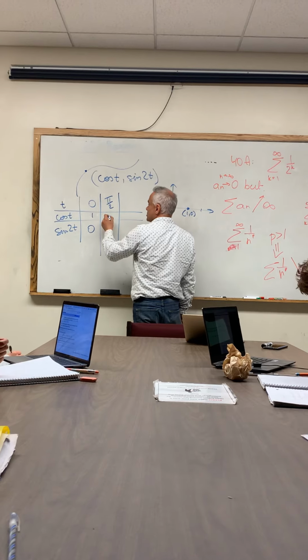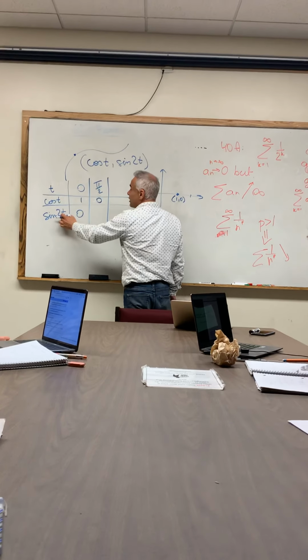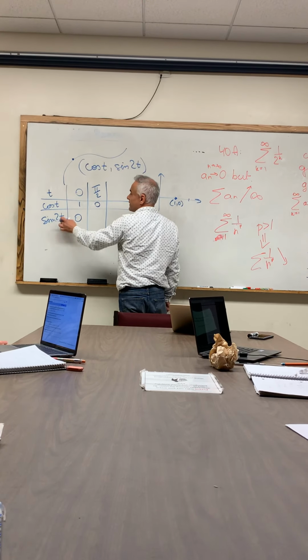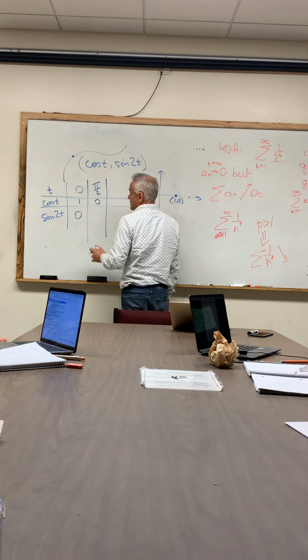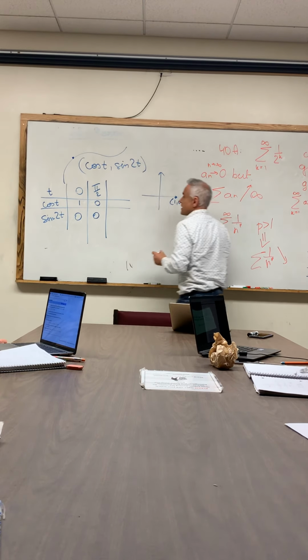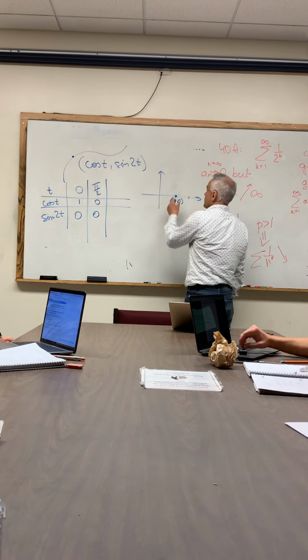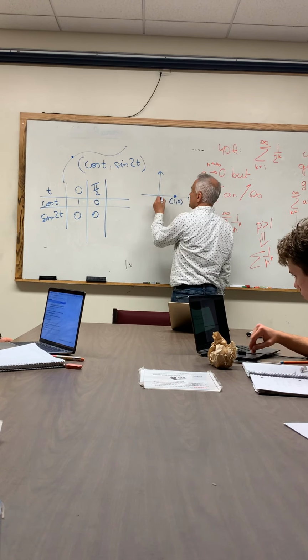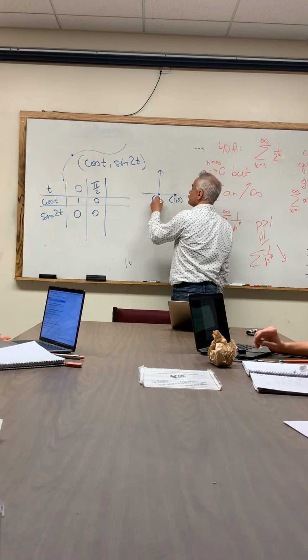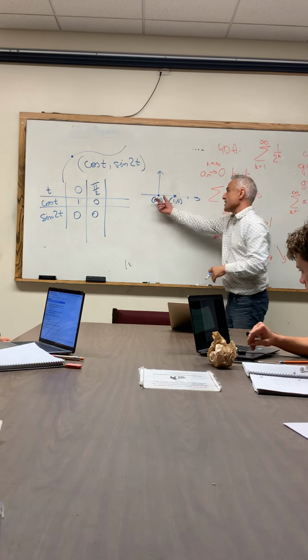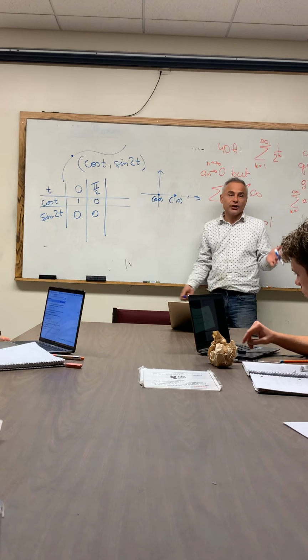Cosine of pi divided by 2 is 0. Sine of 2 times pi divided by 2, sine of pi, is 0 as well. So the next point would be (0, 0).